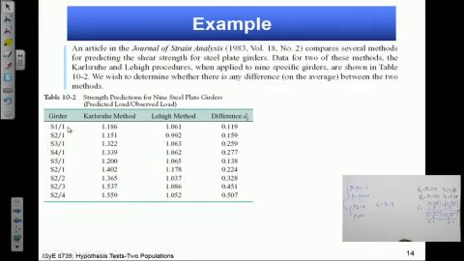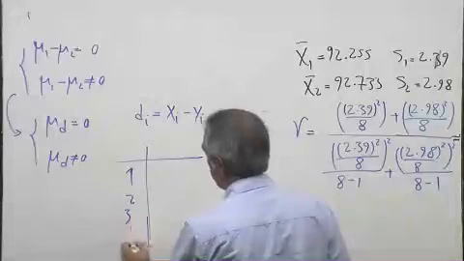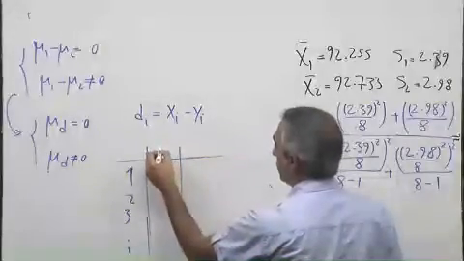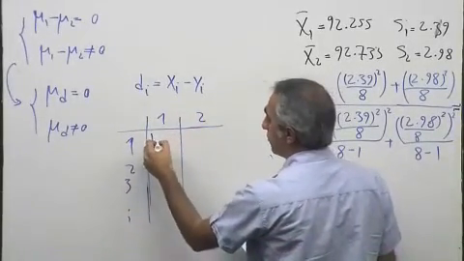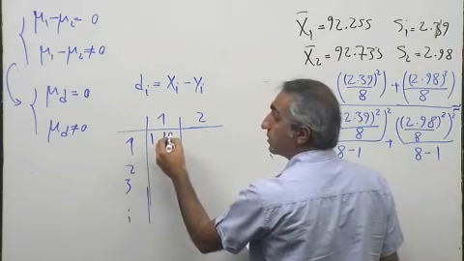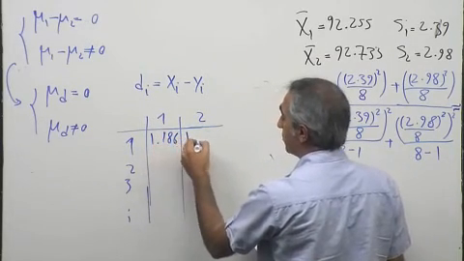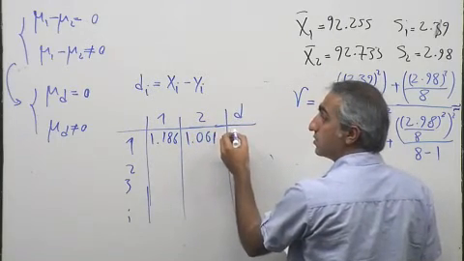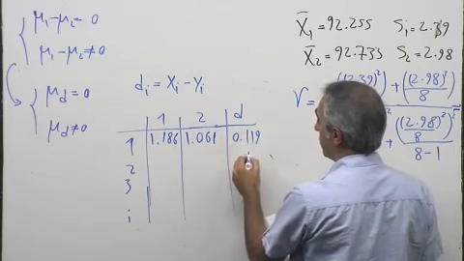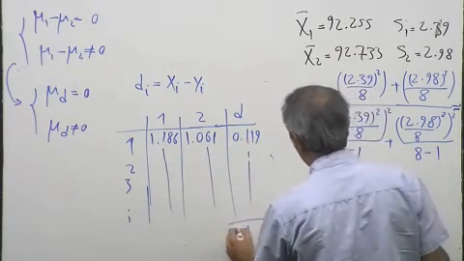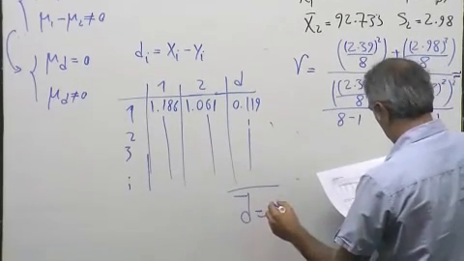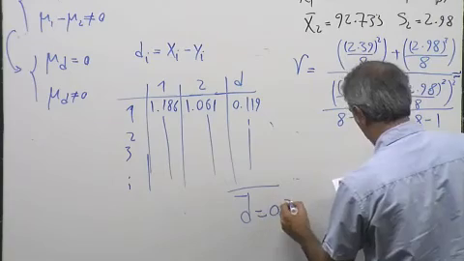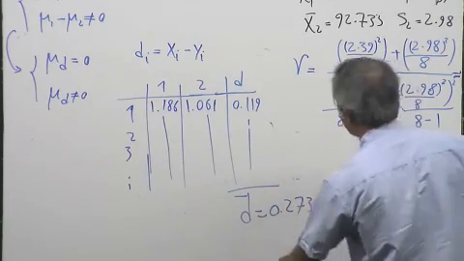Let's see, where is it? It should be somewhere here, yes. For example, for the first one, method 1 and method 2, this is 1.186, 1.061. Your d is the difference, 0.125. So what we do is calculate d bar. d bar is 0.2736.